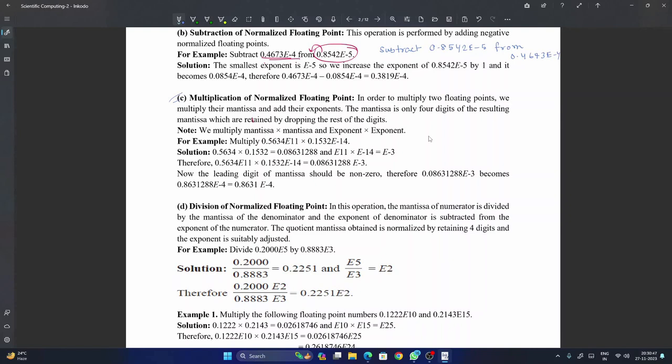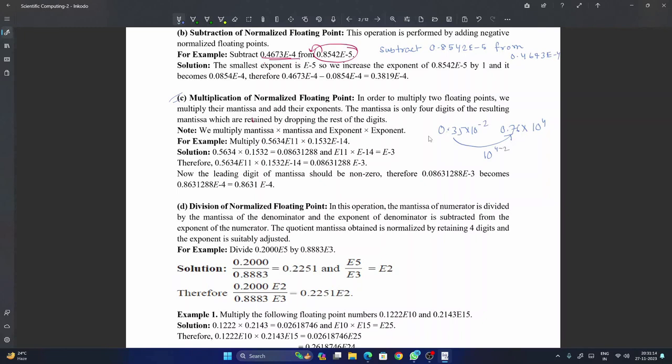Then simply use the calculation method you have already used up to now: if you want to multiply 0.35 into 10 to the power minus 2 and 0.76 into 10 to the power 4, just multiply these two numbers and there will be 10 to the power 4 minus 2, that means add the powers.